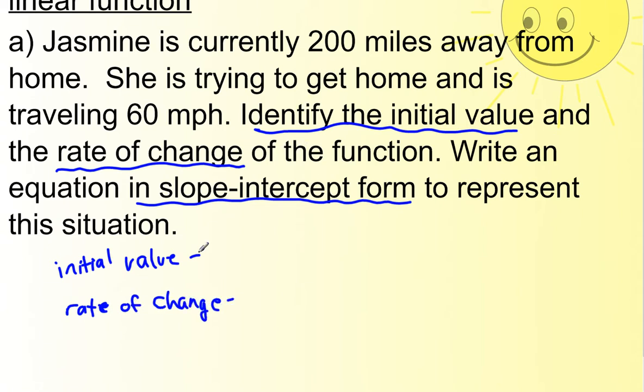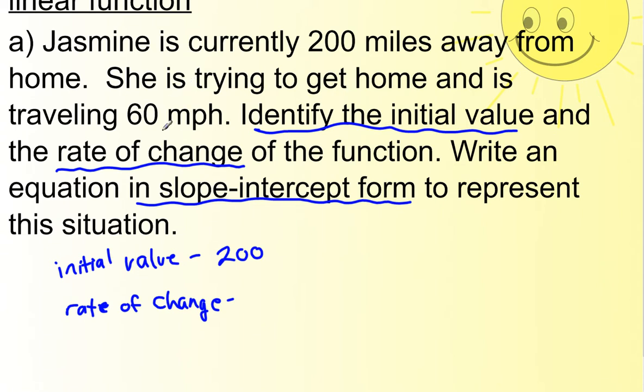Okay, so the initial value is whatever the thing we're measuring, where is it when it starts? When the problem begins, what is the starting value, the initial value? Well, Jasmine is currently 200 miles away from home. So the initial value, her initial distance, is 200 miles.